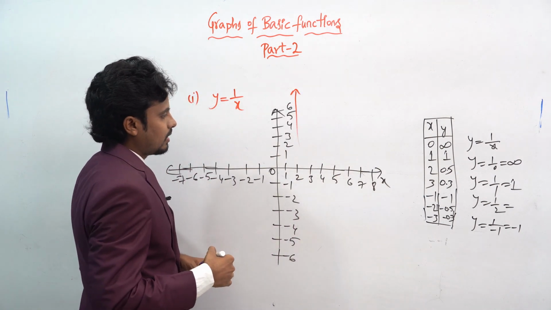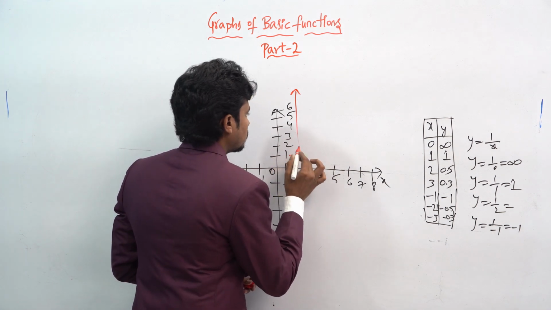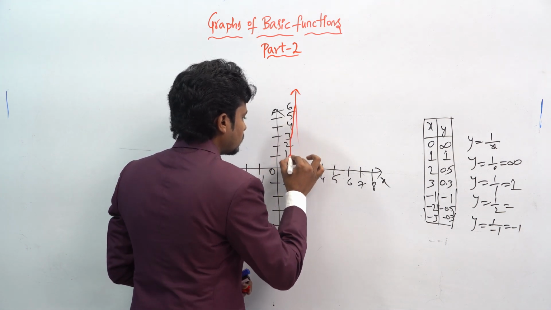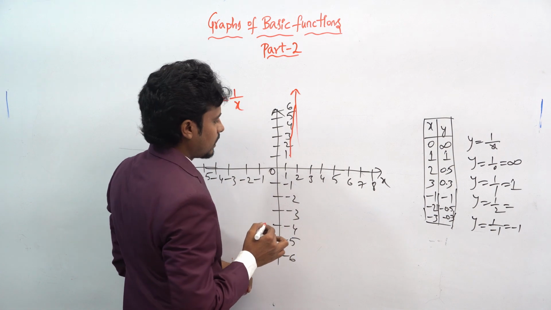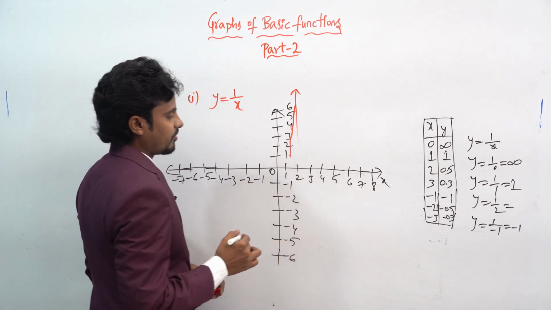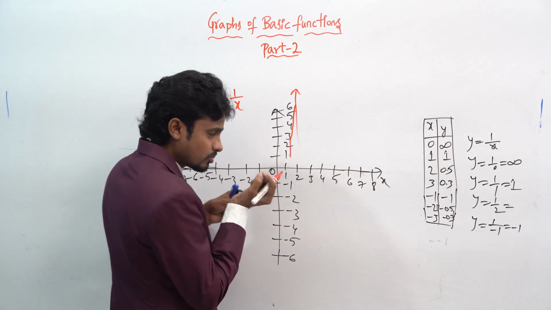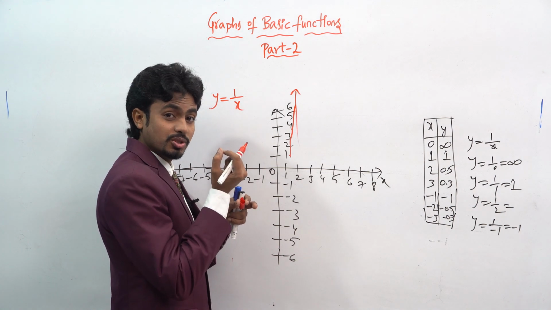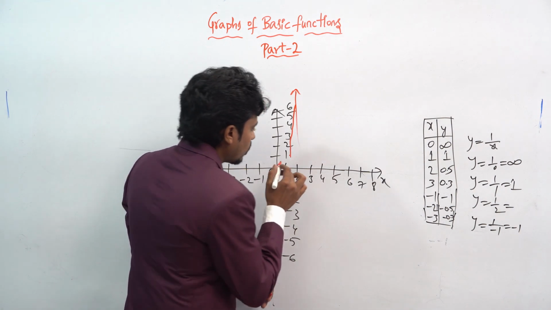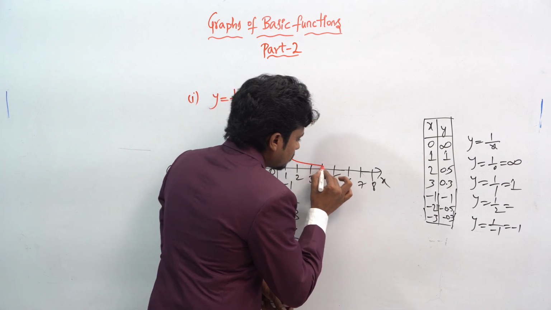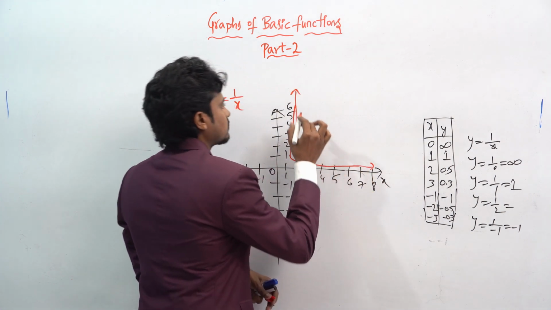Okay, next for 1, you will get 1. Next at 2, you will get 0.5, a small value, right? 0.3 compared to 0.5 will be somewhat small. Okay, it will be going like this.